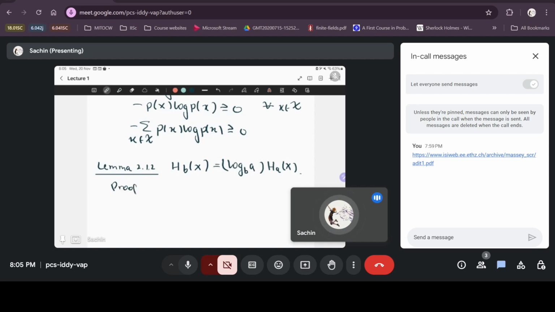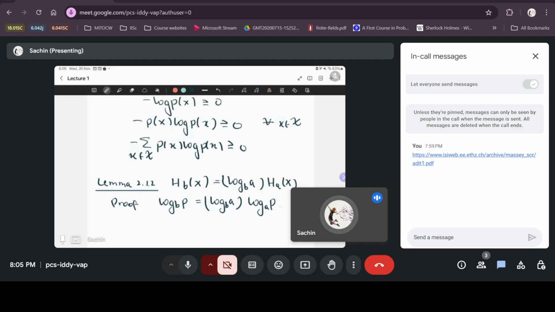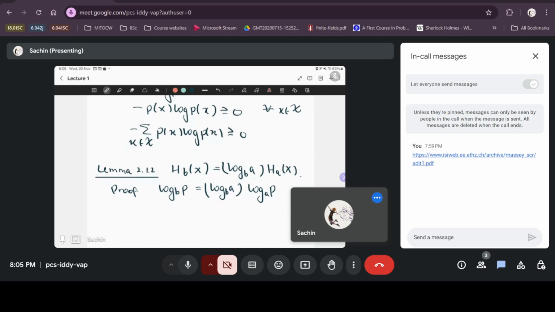And this is simply because the log has that property: log_b p will be equal to log_b a times log_a p. So you can use this in the formula and you will get H_b of x is equal to log_b a times H_a of x. So that gives you a formula to convert from one base to the other.